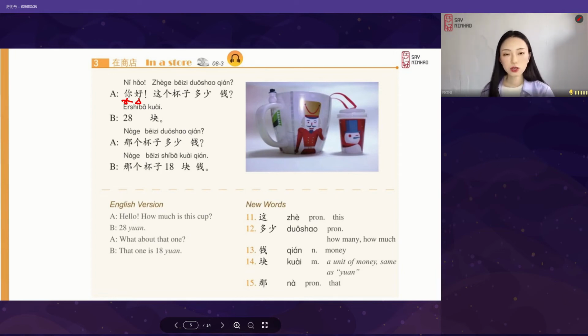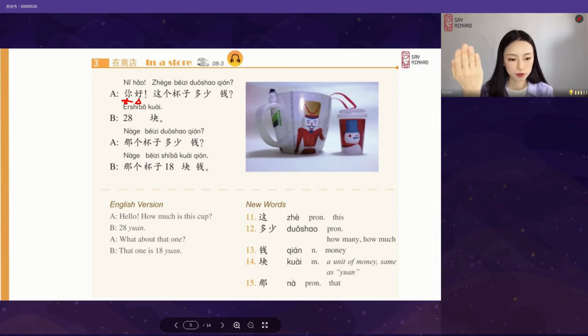Okay, now let's try to read it in a row. I will be A and you will be B. 3, 2, 1. 你好，这个杯子多少钱？那个杯子多少钱？Okay, let's switch the role.